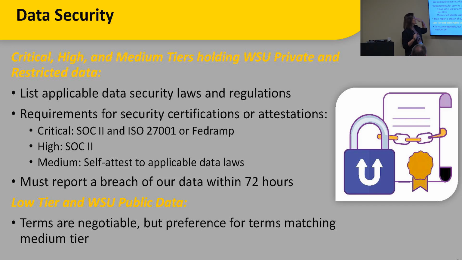So we want to require them that they are going to provide us that evidence. And based upon the tier, that's going to be our requirements. And then we also want to require that they report a breach of our data within 72 hours. Again, low tier terms are negotiable, but we prefer having terms that match our medium tiers.